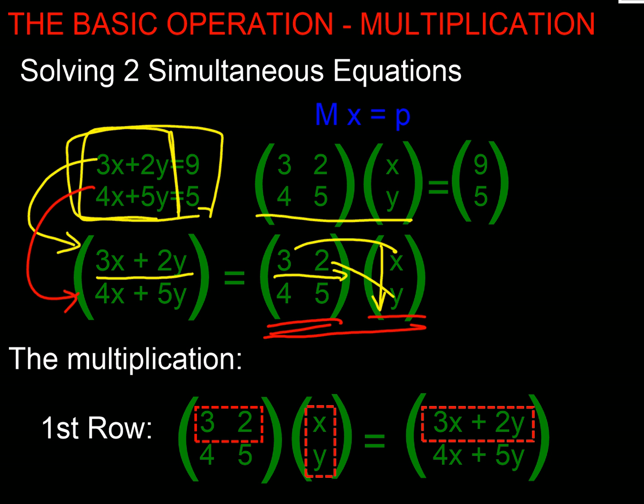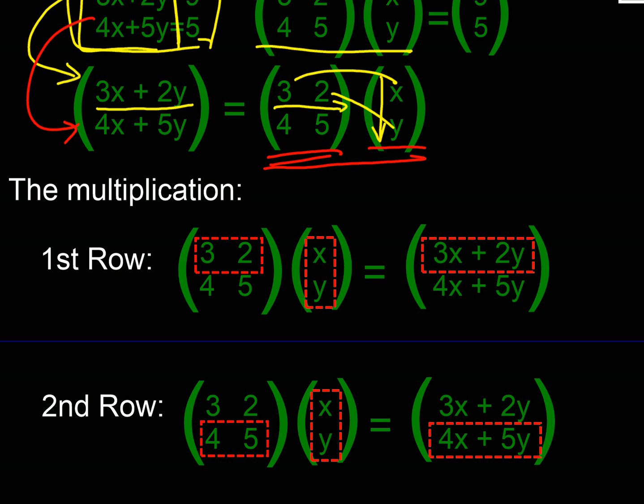So let's have a look at the first row. If I look at my first column in my vector and I apply those coefficients to those xy values, then I will get the top value of my resultant vector, because I started with the top row and I multiplied by my vector.